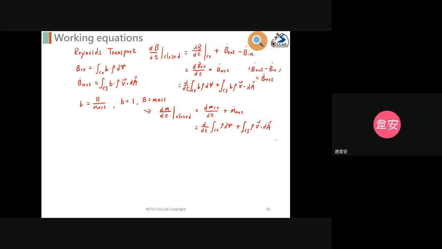As I mentioned, we convert the Reynolds transport theory to the continuity equation. But how can we convert from the Reynolds transport equation to the continuity equation? We assume the mass follows conservation.